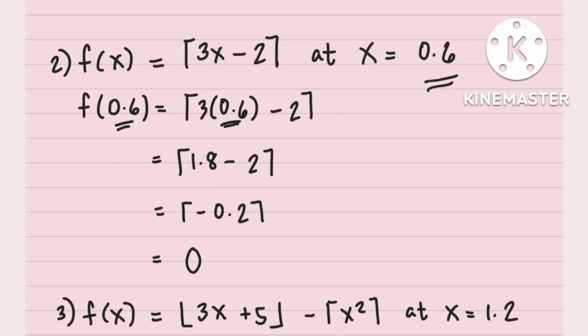We will obtain 1.8 minus 2, and that is negative 0.2, which lies between negative 1 and 0. So the ceiling value of negative 0.2 is 0.